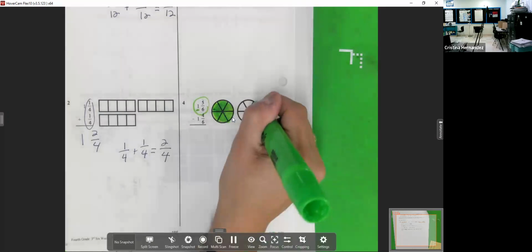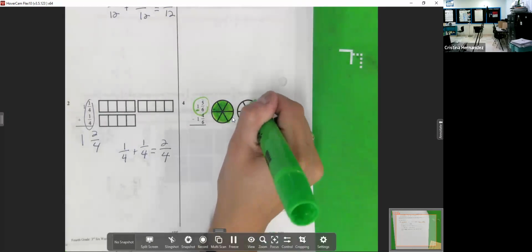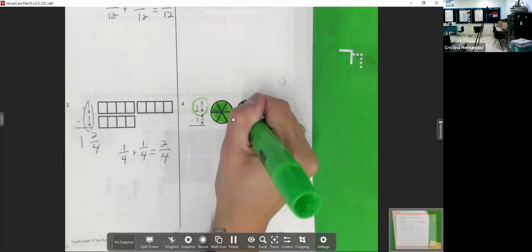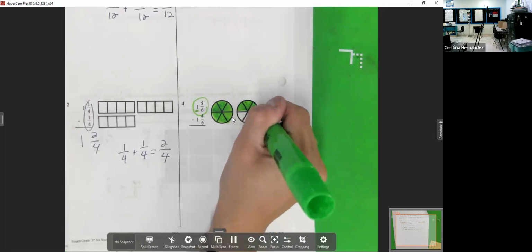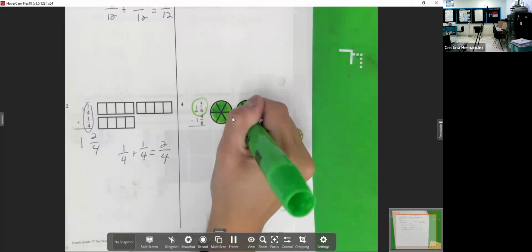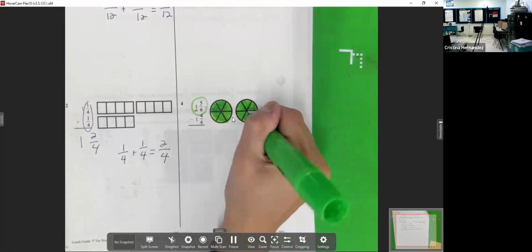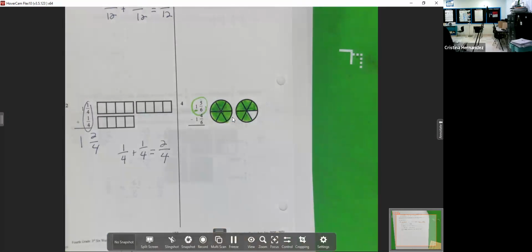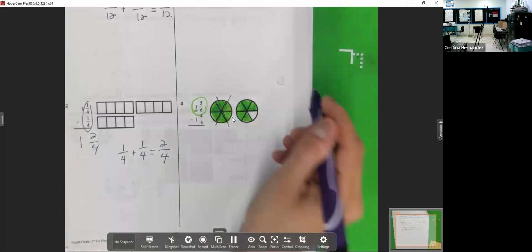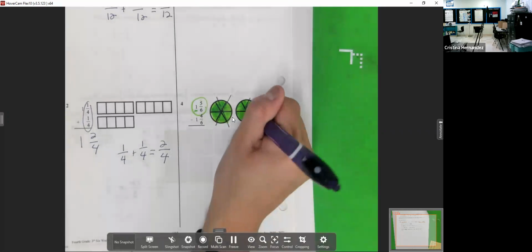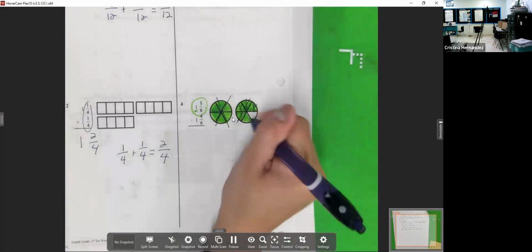So like this, and like this, and like this. And then what are we taking away? How much of that pizza did Vida eat? I think it's 1 whole and then 4 sixths. 1, 2, 3, 4. What are we left with right here?